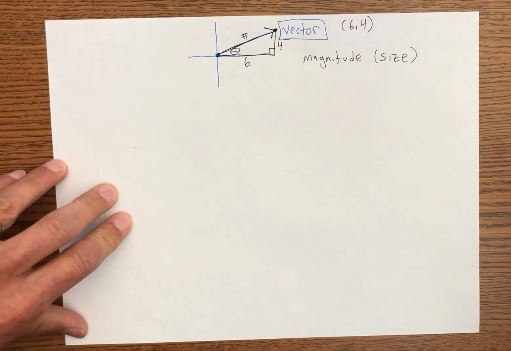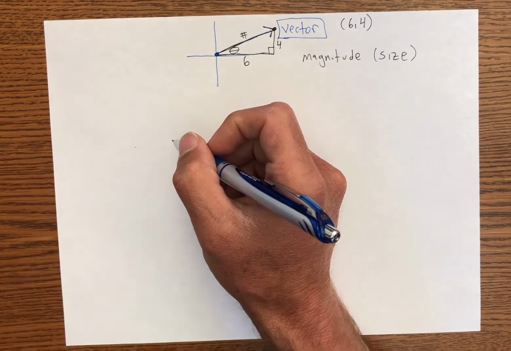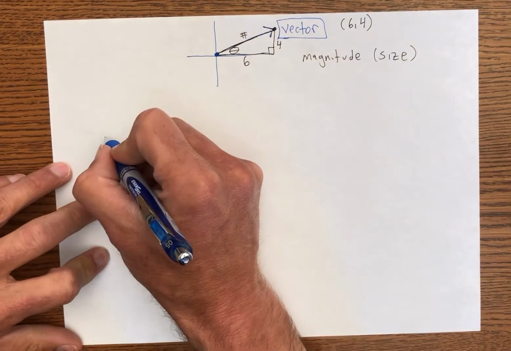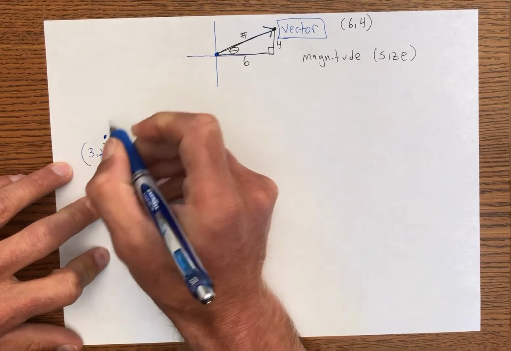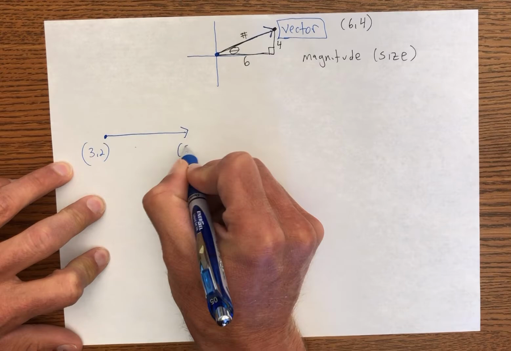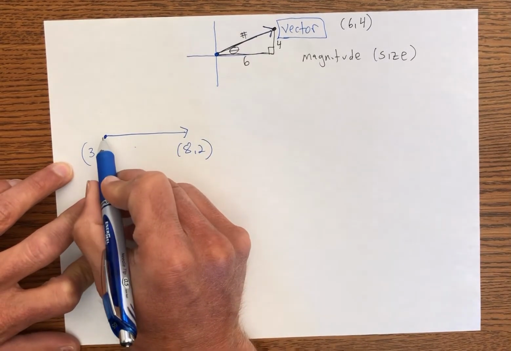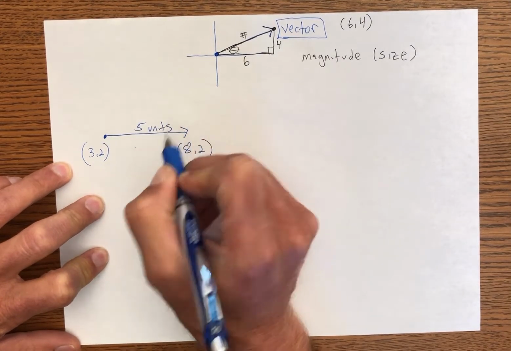Let's look at an example. I give you a vector that starts at (3, 2) and goes to the right to (8, 2). So on the x-axis it has moved 5 units.